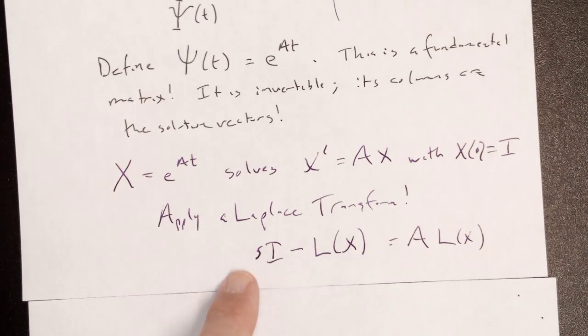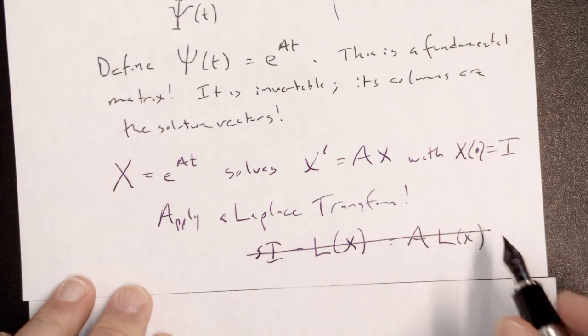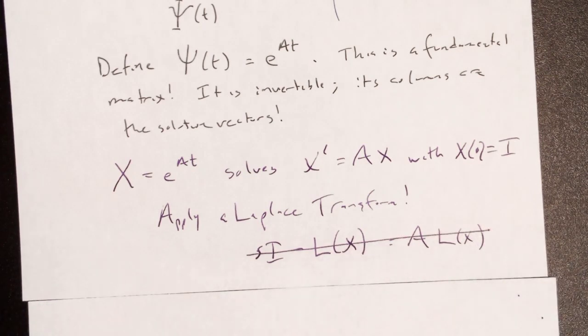I think I wrote this backwards. Grab your Laplace transform handout. The Laplace transform of a derivative is S times the Laplace transform minus the initial condition, right? I had them backwards.